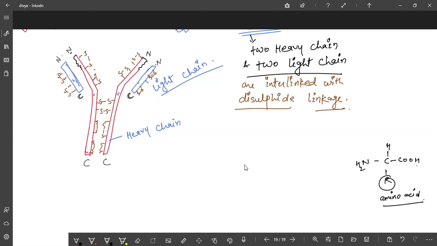So amino acids will be linked and this polypeptide chain will be formed. So you know that this antibody is nothing but polypeptide chains. Is it clear to you? So polypeptide chain, here it is what terminal? N. Amine for N terminal and carboxylic for C terminal. So N terminal means amine group will be there and C terminal will be carboxylic group or acidic group. Is it clear to you? So there are two terminals, N terminal and C terminal.